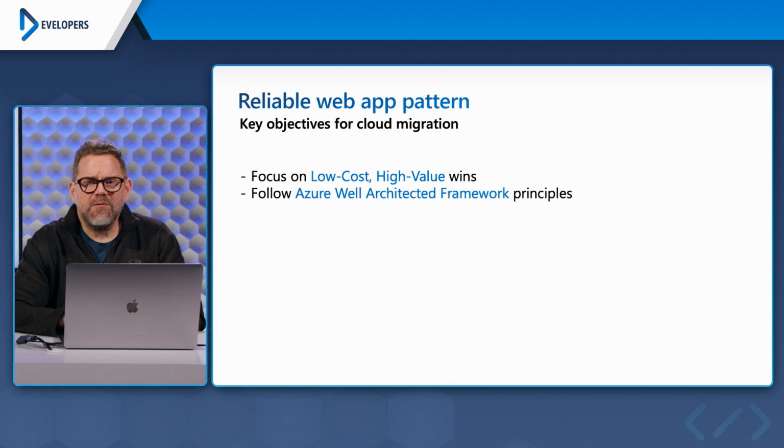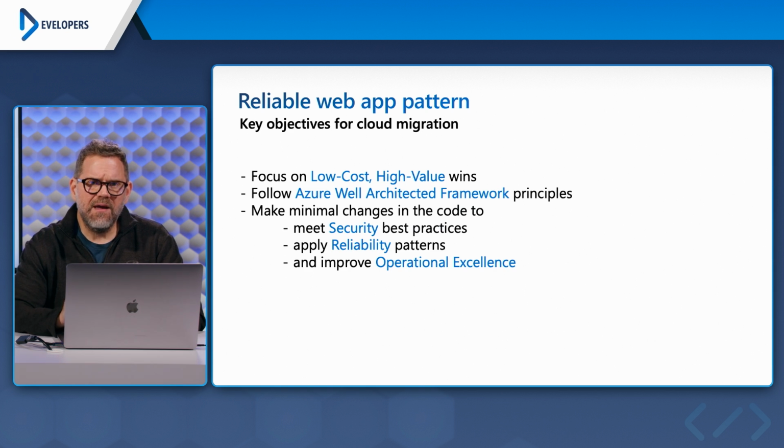We're going to follow the principles that are laid out in the Azure Well-Architected Framework. Now, these principles were developed by very smart people. They are out there in applications running on Azure right now, and they work well. So we're going to reuse them and put them into our overall reliable web app pattern. The idea behind this is that we want to make minimal changes to our existing legacy application. And the changes that we're going to make are that we want to meet security best practices.